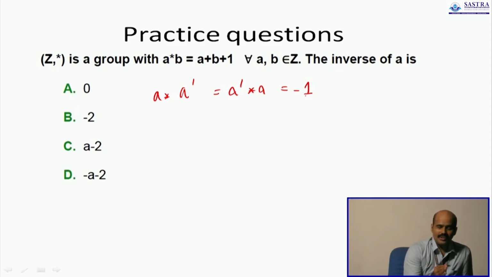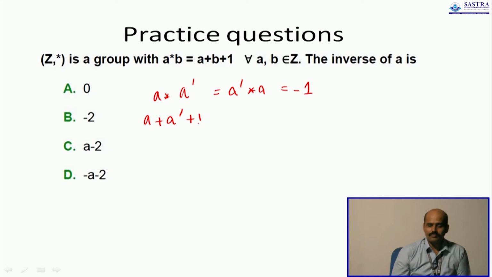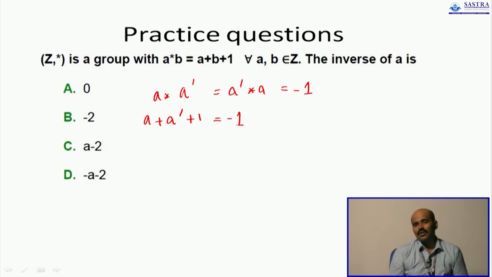And how is the operation star defined? a star a dash is a plus a dash plus 1. The question says a plus a dash plus 1 should be minus 1, only then you can call a dash the inverse of a.